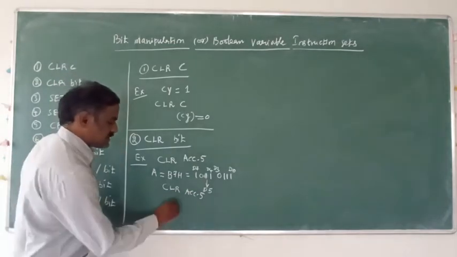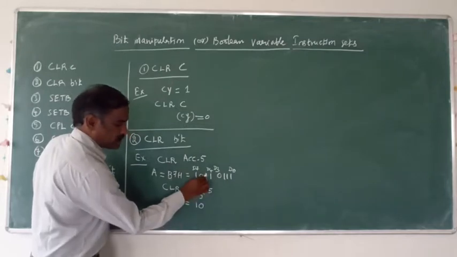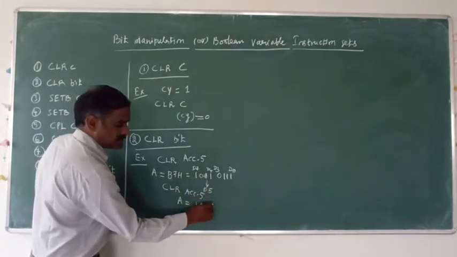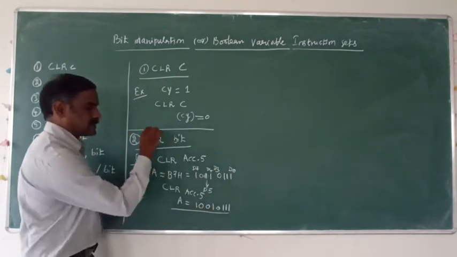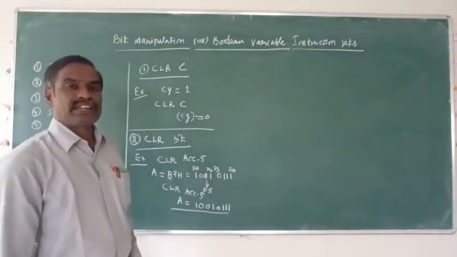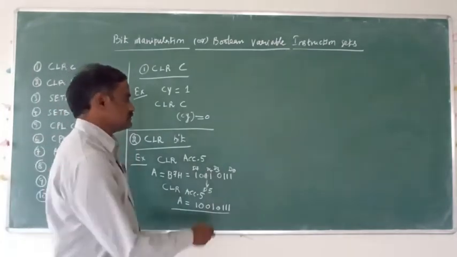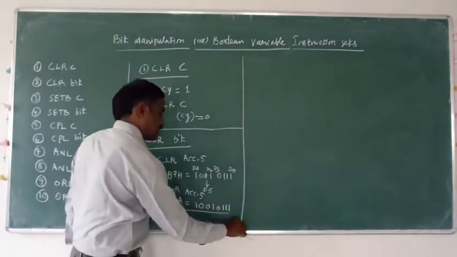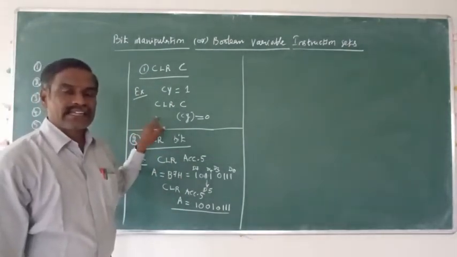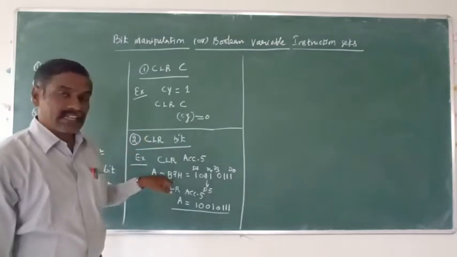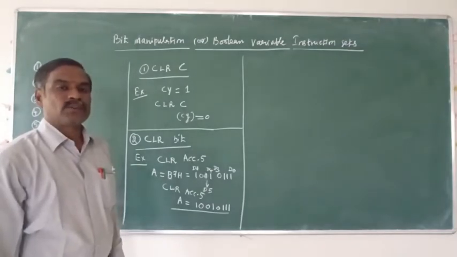After this instruction, register A equals 1, 0, this 1 changes into 0, next 1, 0, 1, 1, 1. This is the operation to clear that particular bit. This is for clearing the carry content, and this is for clearing that particular bit.